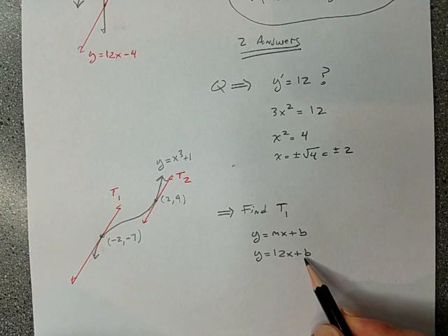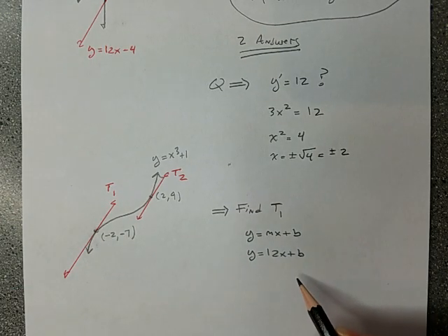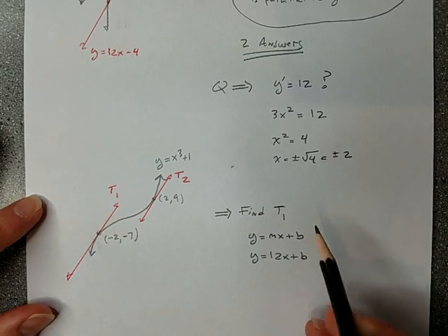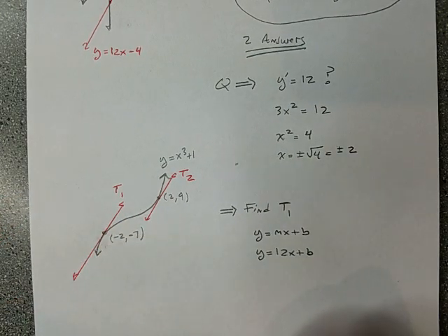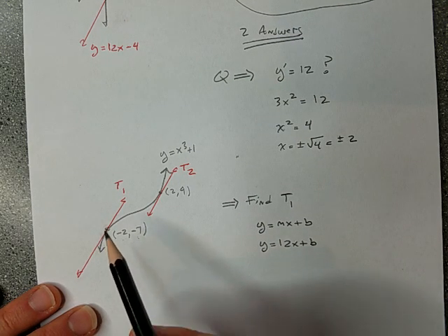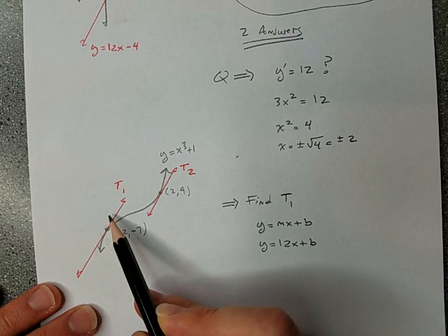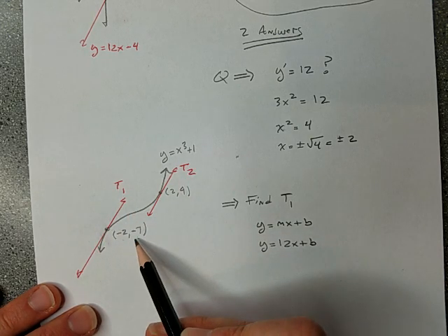So I know the slope. The other parameter in the equation is the y-intercept. What's the y-intercept? Well, for line T1, I have no clue where that hits the y-axis. I can't tell from my picture, but I know that it has this point on it, okay? It goes through that point. It's tangent to this curve at that point.